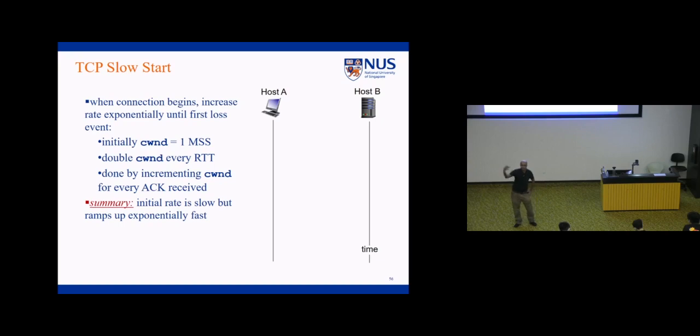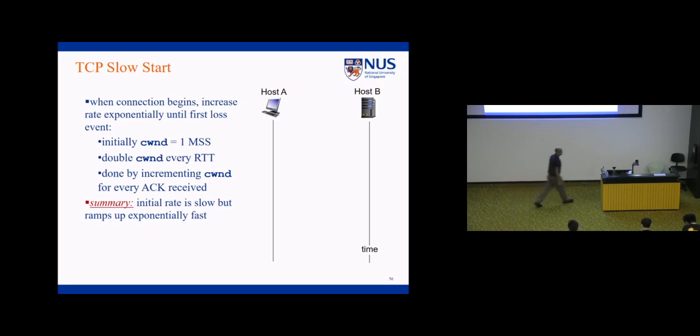Even though TCP counts in bytes, for us, it's still easier to think in terms of packets, so we'll do everything in terms of one packet, two packets. But remember that all calculations and all variables in TCP are maintained in units of bytes, not in units of packets. So initially, TCP is allowed to send one packet, congestion window.